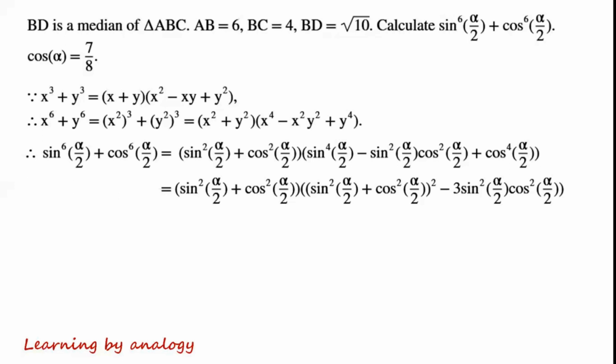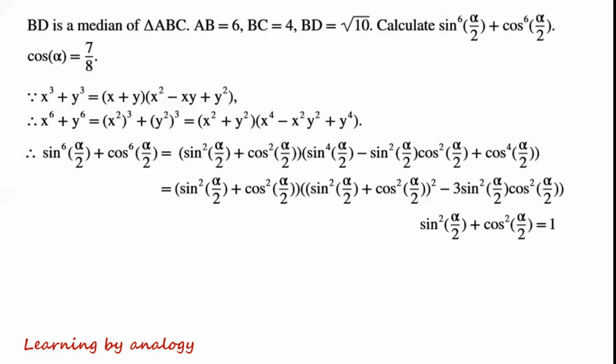To simplify sine to the power of 4 alpha over 2 minus sine squared alpha over 2 cosine squared alpha over 2 plus cosine to the power of 4 alpha over 2, we can complete the square. So sine squared alpha over 2 plus cosine squared alpha over 2 all squared minus 3 sine squared alpha over 2 cosine squared alpha over 2.